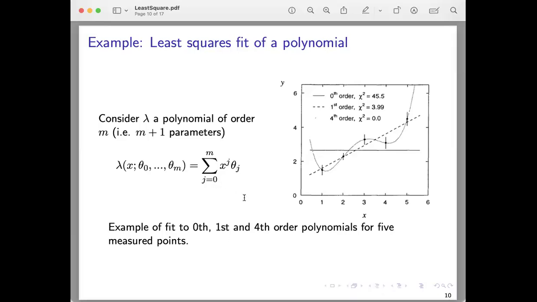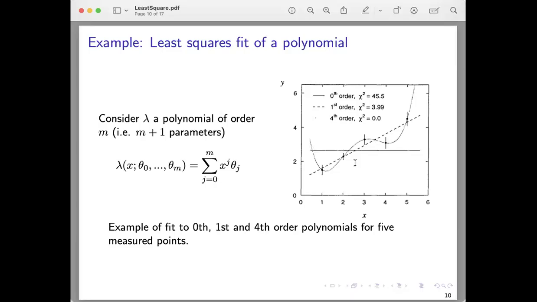Now you can see the fit values. The interesting point is that when you try to fit the zeroth order, or constant, to these points, you get very high values of the chi-square. That means it doesn't fit very well.